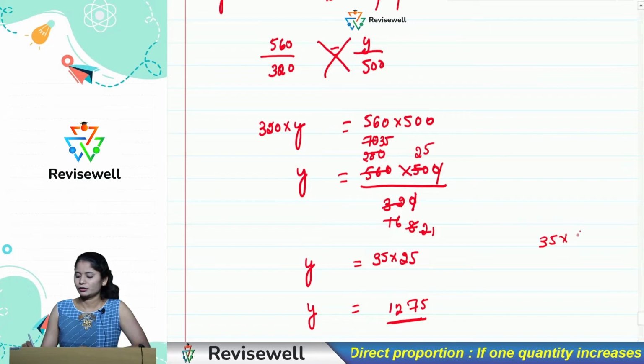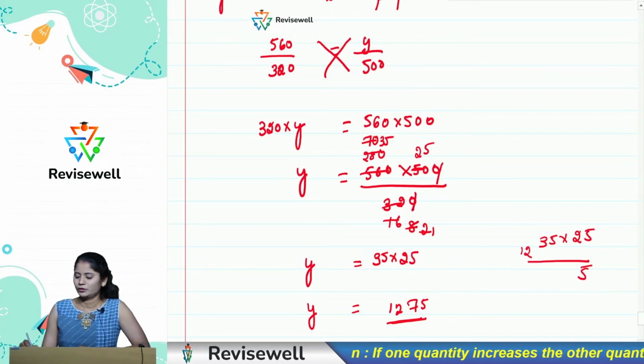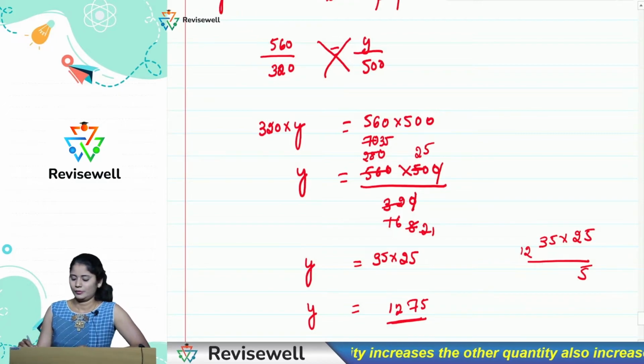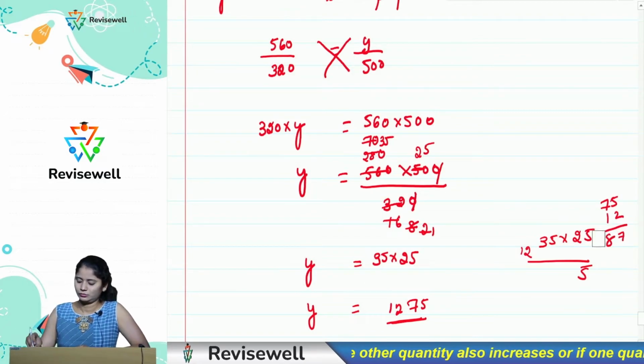So that is 35 multiplied by 25. 25 fives is 125, 25 threes is 75, 75 plus 12 will be 787.